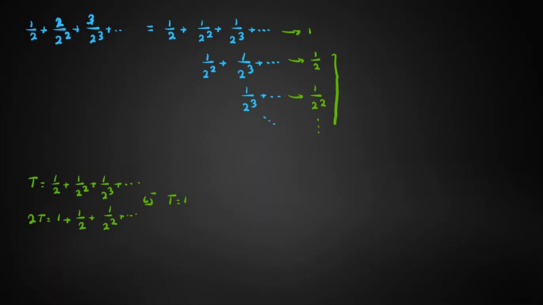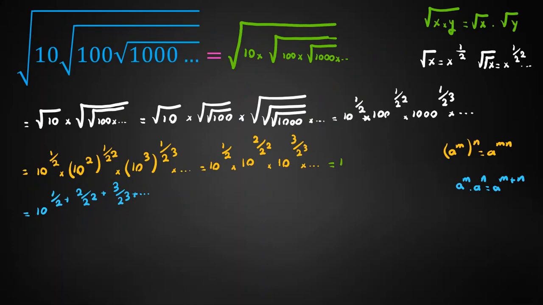These parts equal to t, and the whole part equal to 2t minus t, which is t equal to 1. So the power is 1 plus 1, equal to 2. So we can say it is equal to 10 to the power of 2, which is 100. So the answer of this problem is 100.